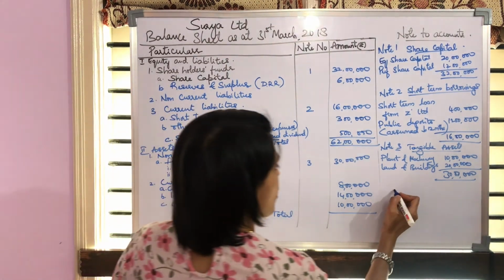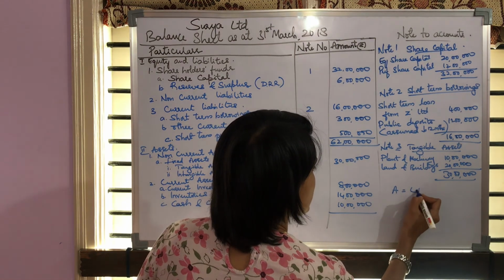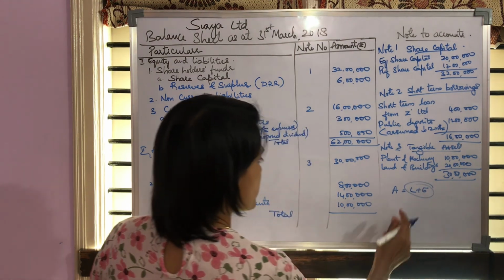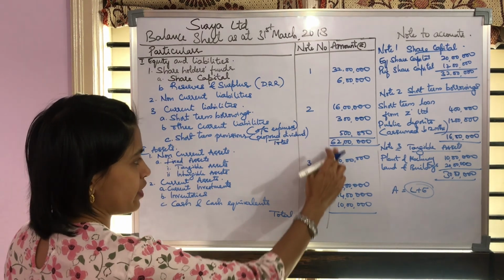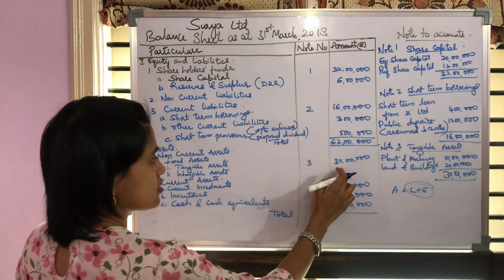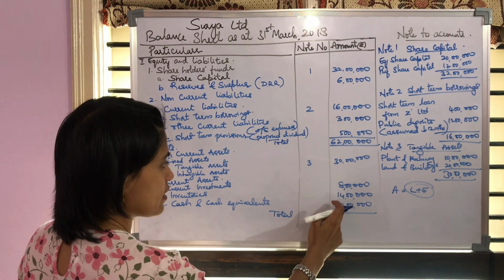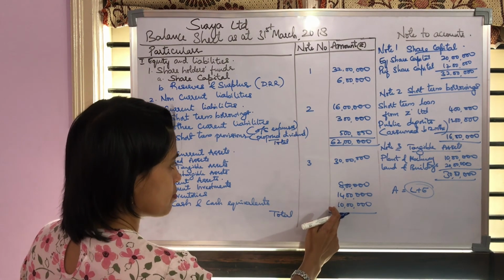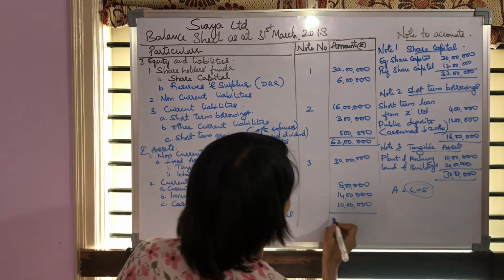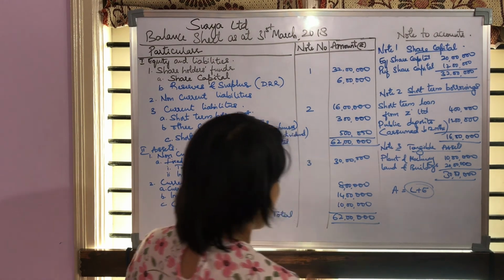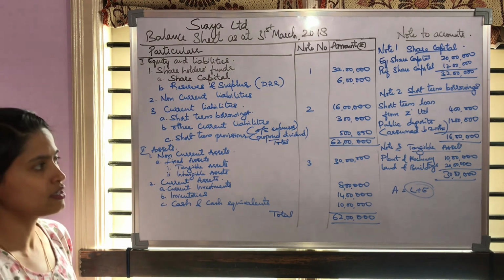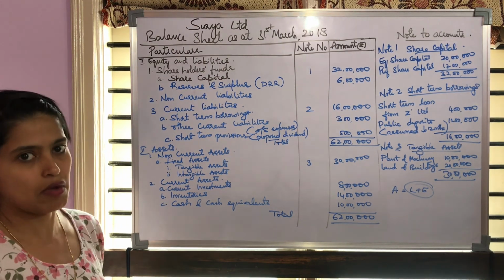Remember, assets should be equal to liability plus equity. Liability plus equity total is 62 lakhs. So let's find out the asset total, which is 30 lakhs plus 8 lakh plus 14 lakh plus 10 lakh. The total has to be 62 lakhs. So with this, we complete the solution for a 6-mark question.